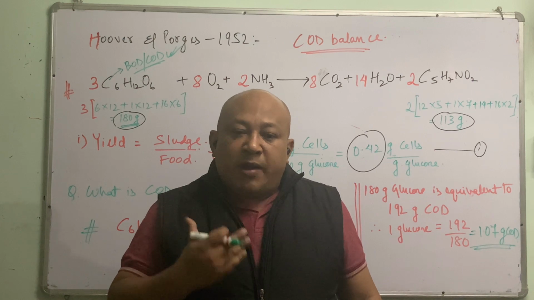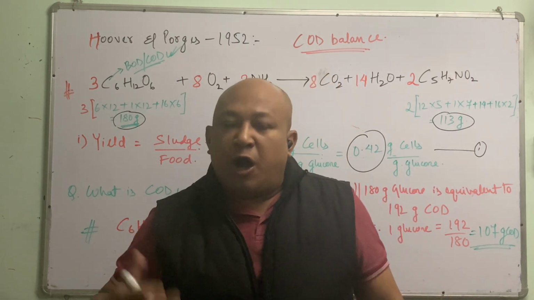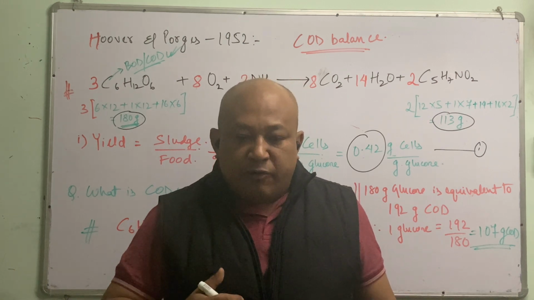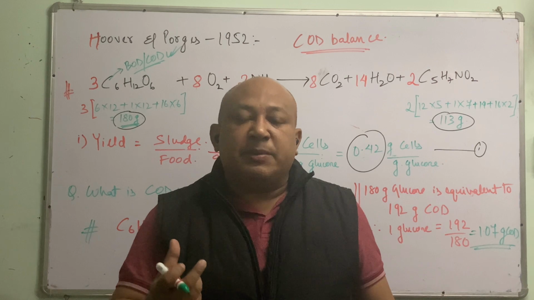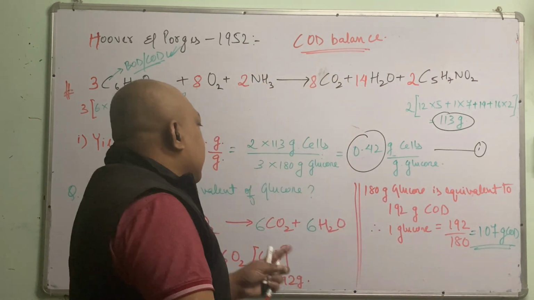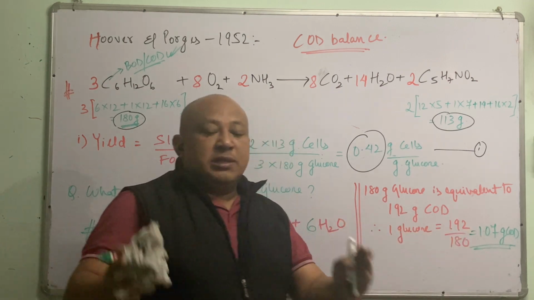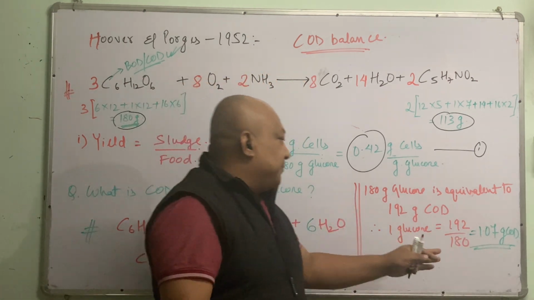Rice gives how many joules? Chicken, how many joules? Red meat, how many joules? Based on that, we estimate how much a baby requires for growth. Similarly, this COD is the total energy required, or the equivalent requirement of oxygen.